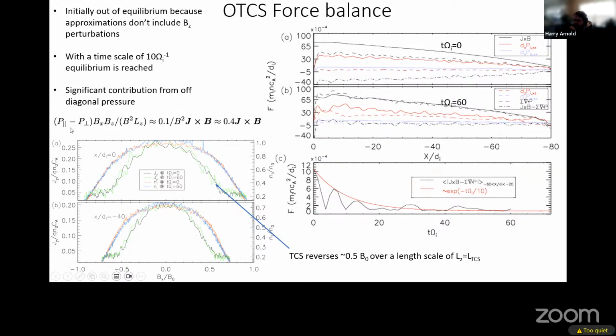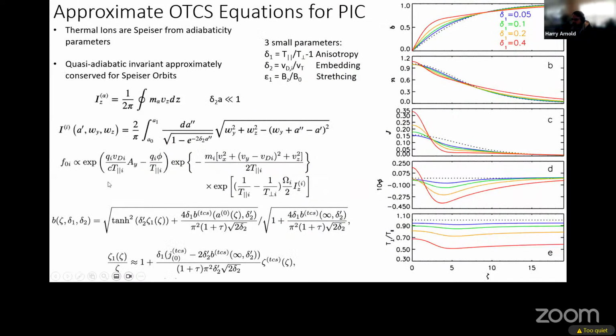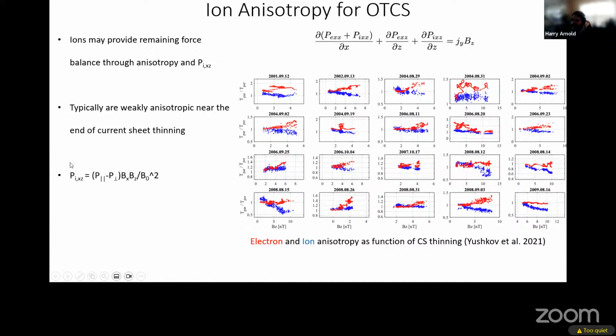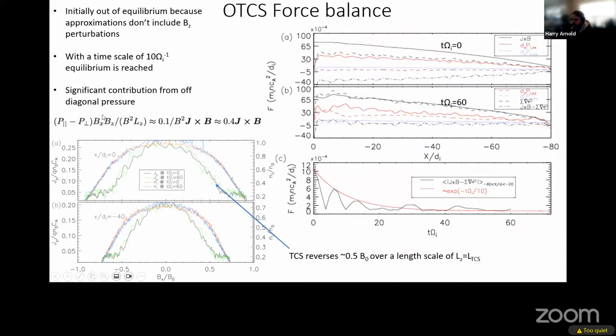Because if you try and look at this off-diagonal pressure component, and in particular the gradient of it, let me back up a couple slides. So we're interested in this off-diagonal pressure and the gradient of it to balance the J cross B force. So if we take this equation and start plugging in values, P parallel minus P perp is about 0.1 in this case. We get J cross B over B squared. And so the question is, what is this B squared?